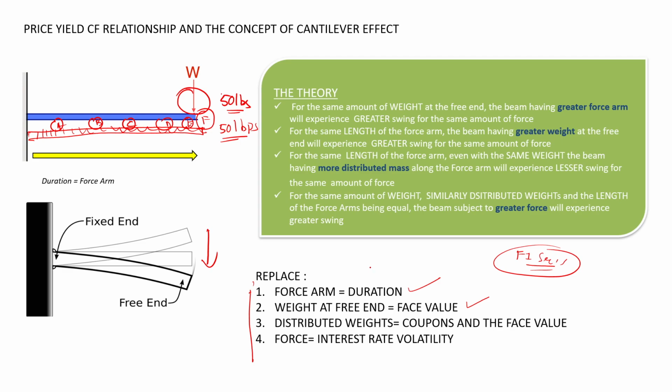If the interest rate volatility is very high, the ones having more duration will suffer more. Where the coupons are less, that instrument is going to suffer more. Of course, the zero coupon is going to suffer more than the coupon paying bond. Where the coupons are more, that means much of the cash flow is already received. They are going to suffer less for the same amount of interest rate volatility or market shocks.